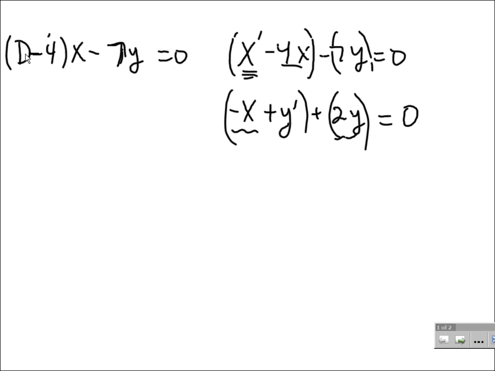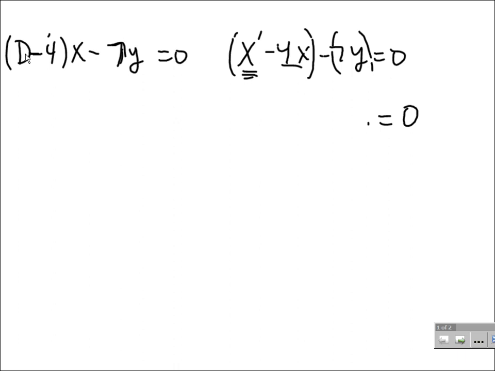The second equation looks like maybe I wrote it down wrong. Okay, everything's fine except where I put my brackets. So let's just rewrite. It's negative x plus y prime plus 2y.